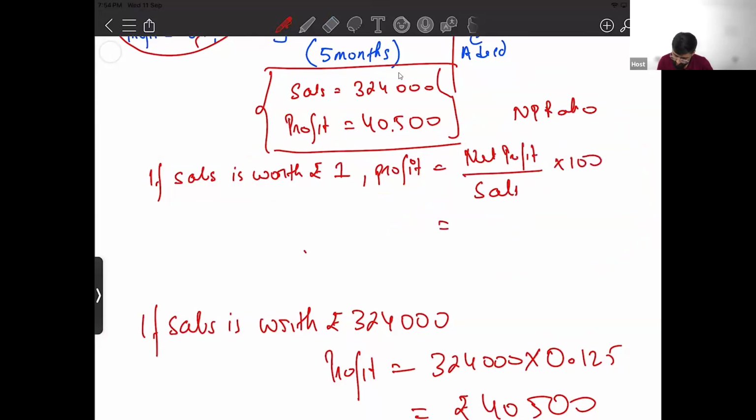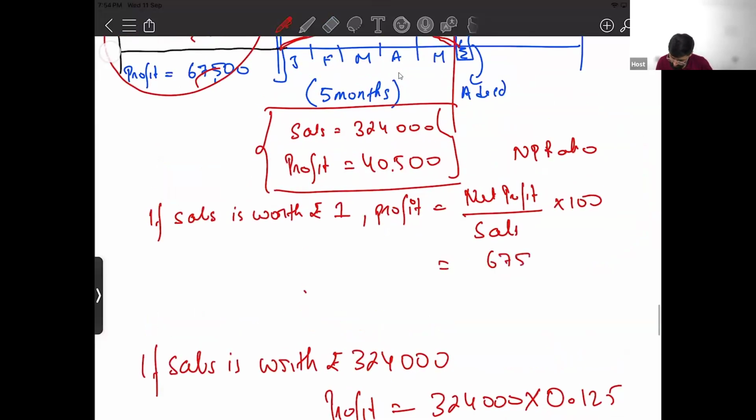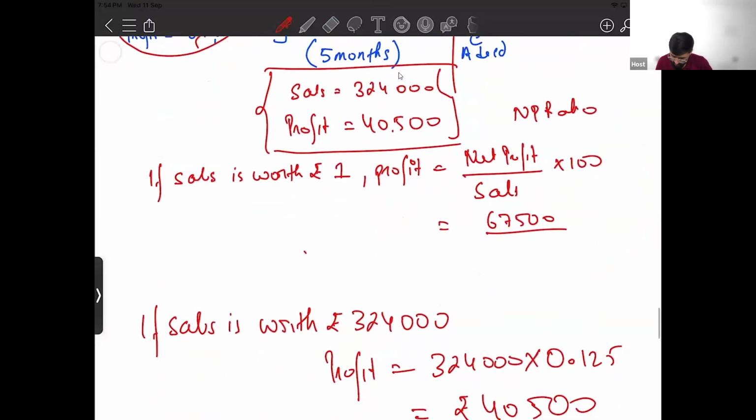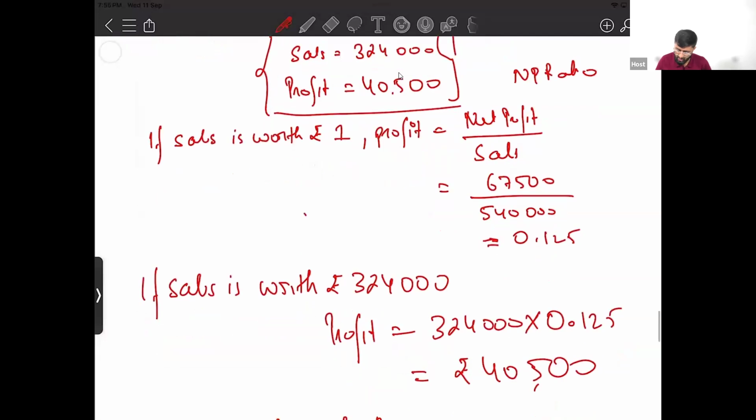So you get how much? 67,500 divided by 540 into 100. You get 12.5%. Then 100 cancels, and you get 0.125. Simple as that. If 1 rupee is the sale, the profit will be 0.125.